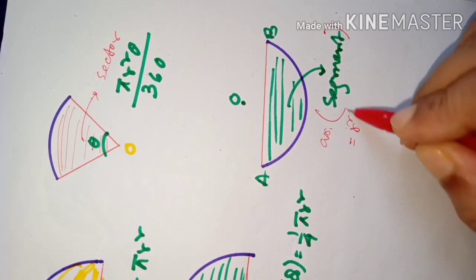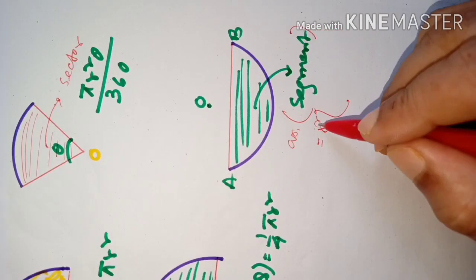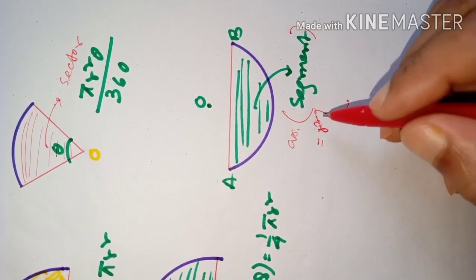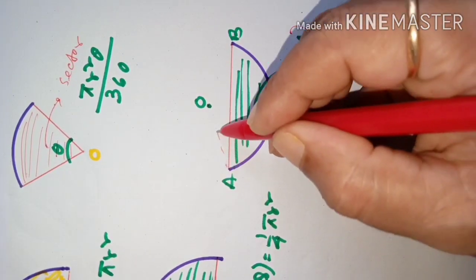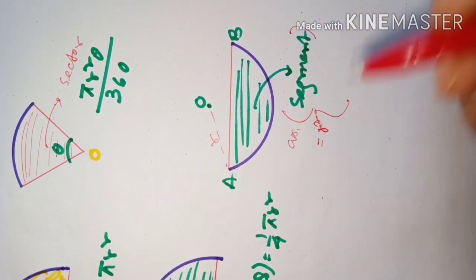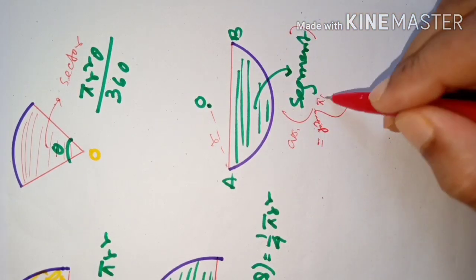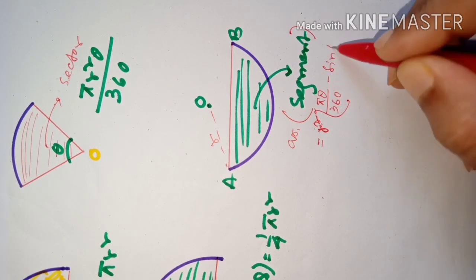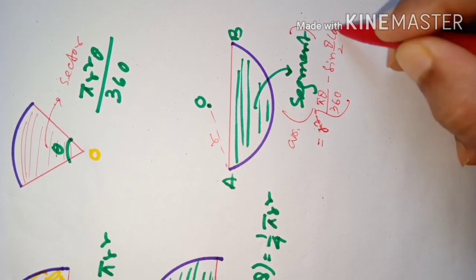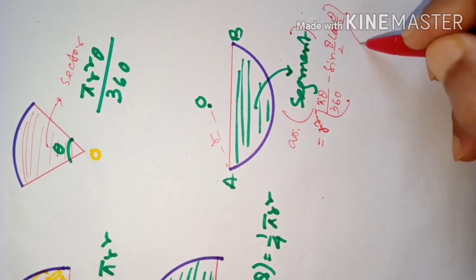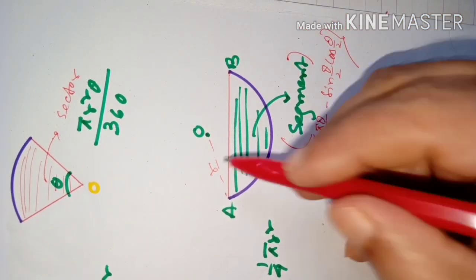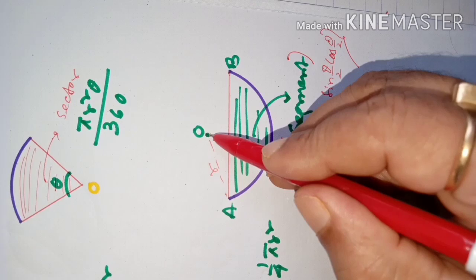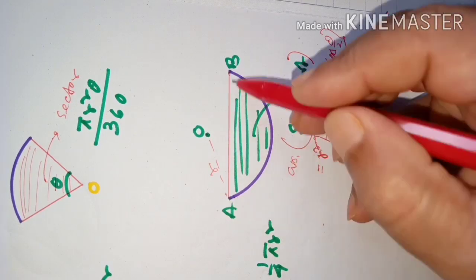r square times, this is r square. Okay, r is the radius, this is the radius r. So r square times pi theta by 360 minus sine theta by 2 cos theta by 2. Here, dear students, you will get theta when the center is joined with the endpoints of this chord.